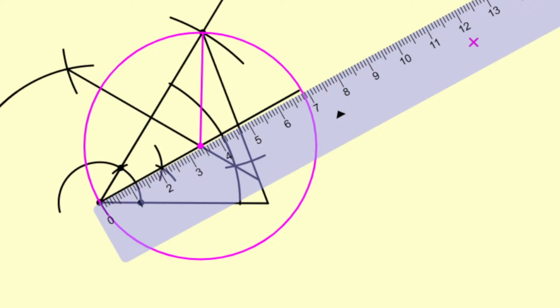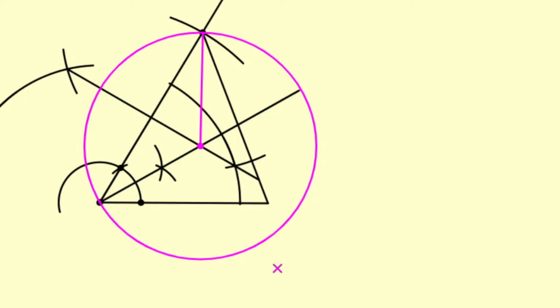Okay, so that's correct. The circle is not a circumscribing circle because it's not passing through all the vertices. It is only passing through two vertices, A and B. Okay, so this is completed.